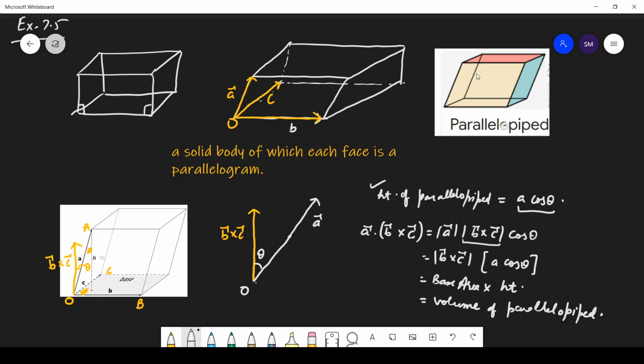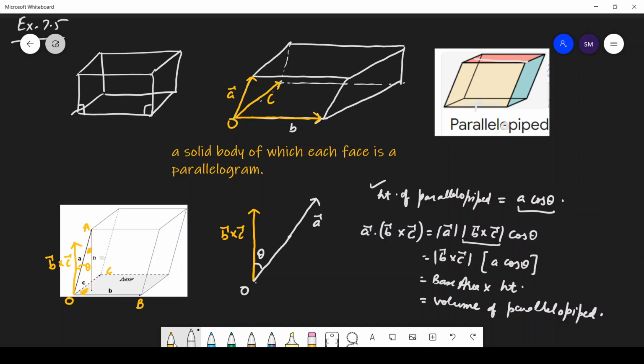See, this is the base of the parallelepiped, right? So what will be the height? Height is the distance between these two planes, these opposite faces of the parallelepiped. That will be the height if you are considering this as base.